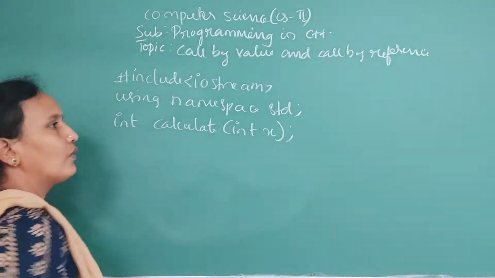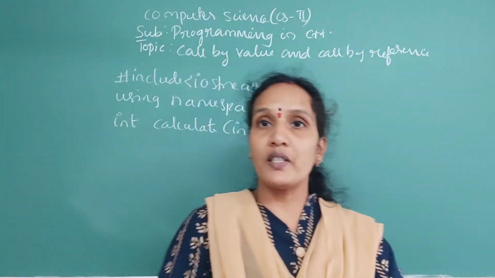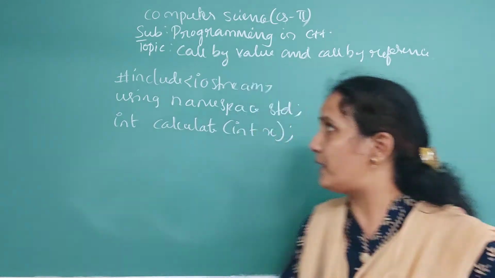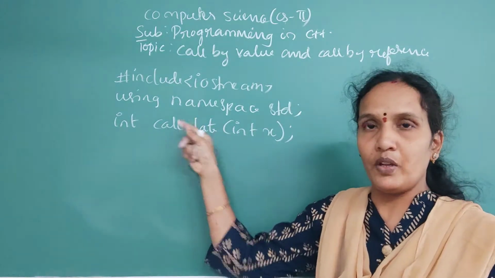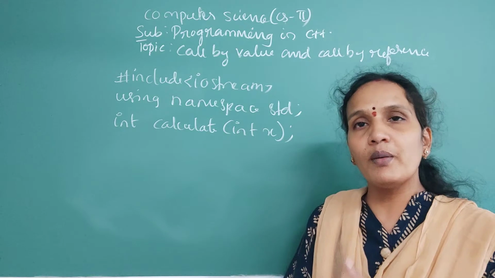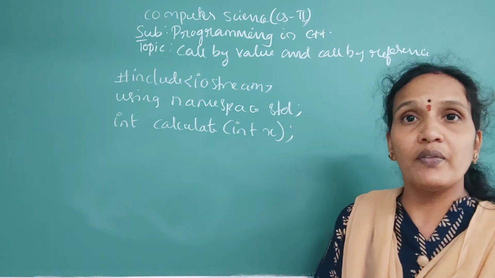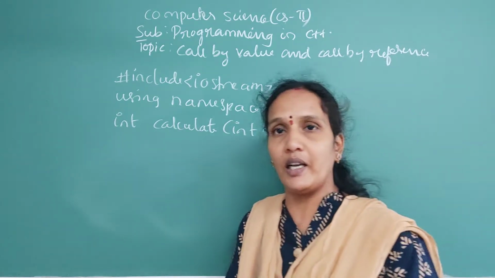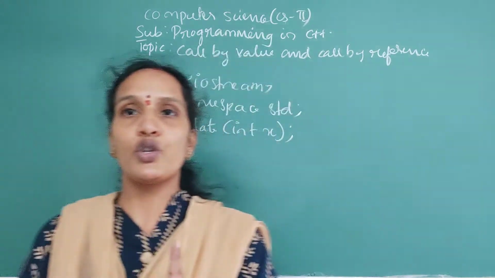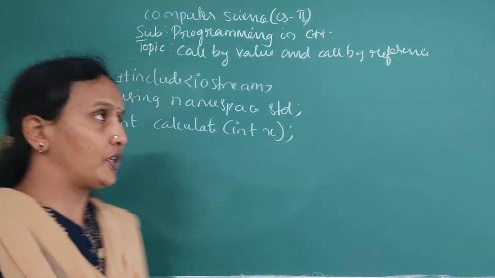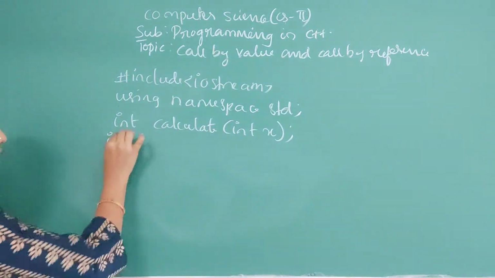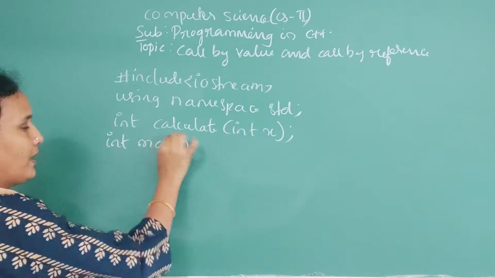If it is a user defined function, we generally declare it before main. So here, before main, I am declaring the function. It is a rule that all user defined functions should be declared before the main function. Next, I give the main function, int main.